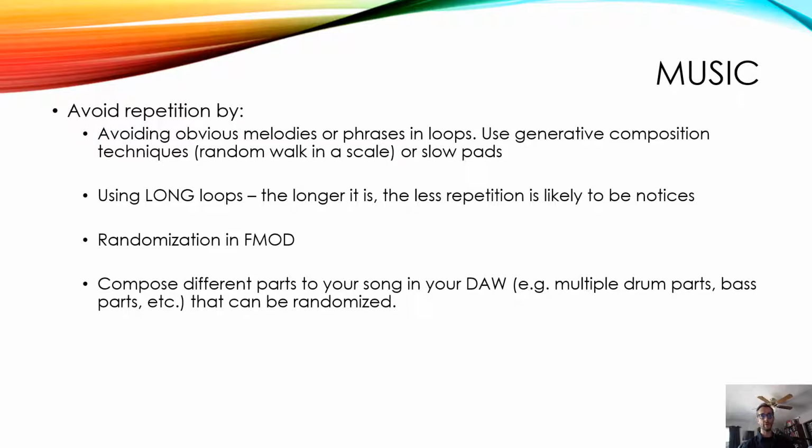We can also use randomization of different aspects of the tracks in FMOD, and we can compose different parts to the song in your DAW. So, for example, you'd have multiple drum parts for the verse, multiple bass parts for it, etc., that we can then randomize based on different parameters in FMOD.